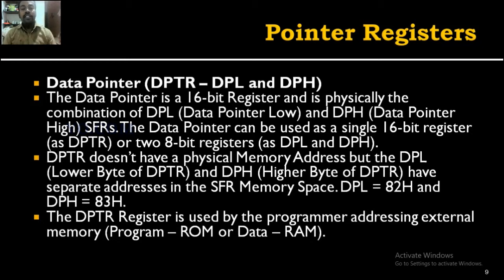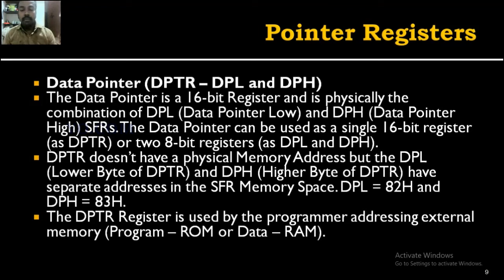The data pointer can use a single 16-bit register to store the address and 16-bit numbers or data. Okay, so it doesn't have any physical memory itself, but it is divided into two 8-bit registers. Those registers have physical addresses, that is 82 and 83. Okay, so the DPTR register is used by the programmer for addressing external memory.